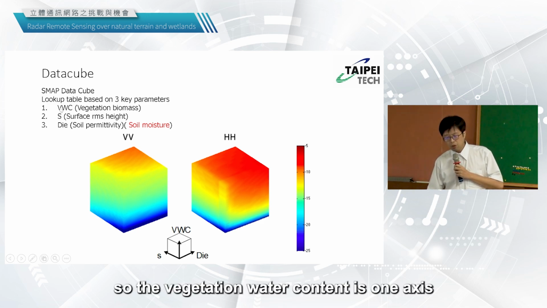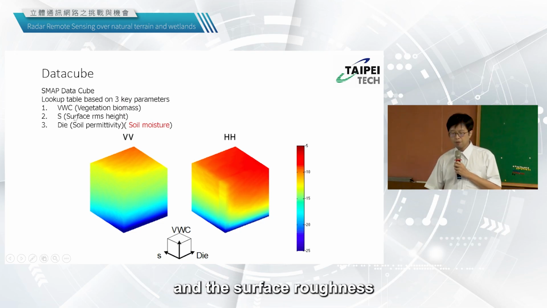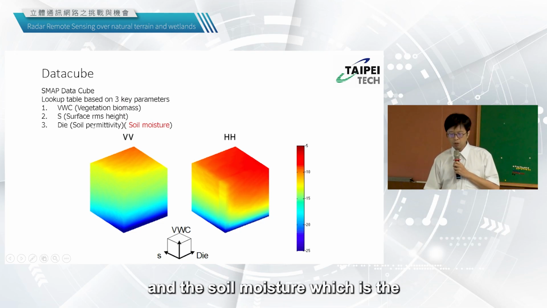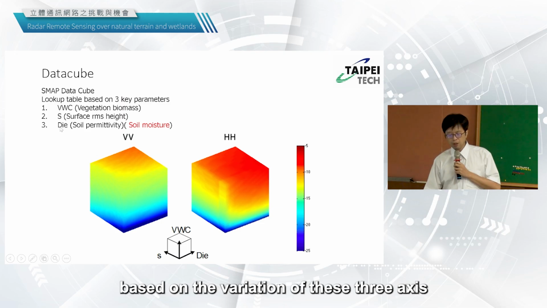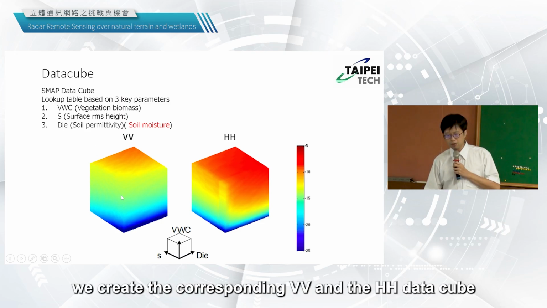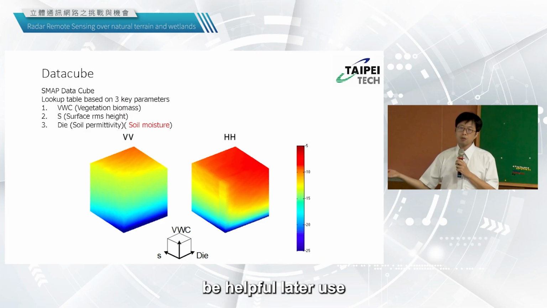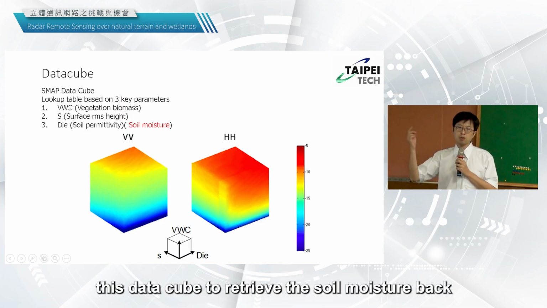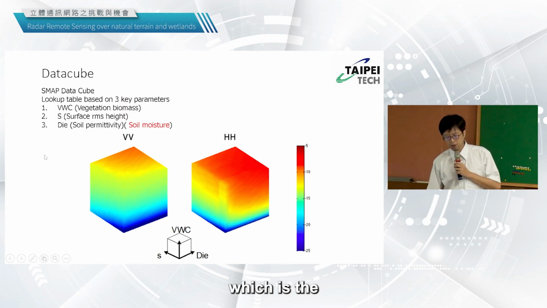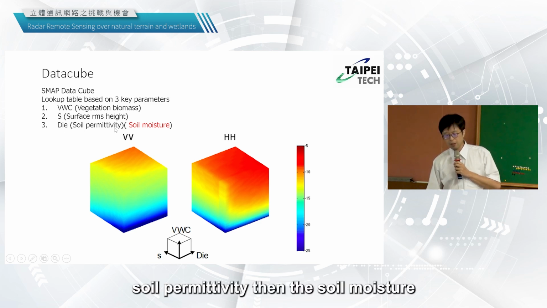So the vegetation water content is one axis, and the surface roughness and the soil moisture, which is the soil dielectric, are the other axes. Based on the variation of these 3 axes, we create the corresponding VV and HH data cube. And this will be helpful later to use this data cube to retrieve the soil moisture back, which is to retrieve the soil permittivity, then the soil moisture.